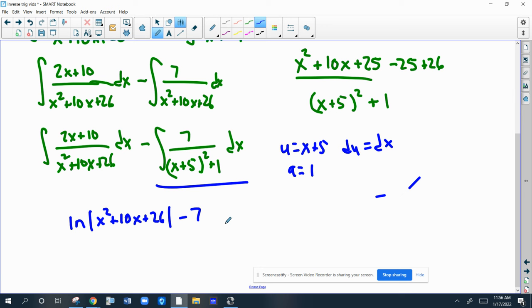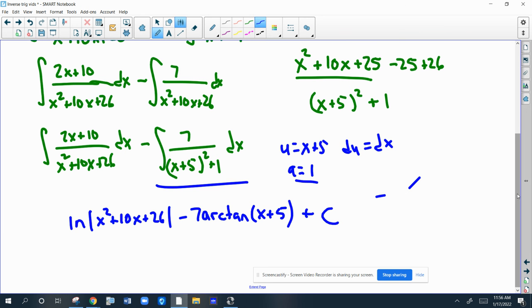So the formula for arctan is 1 over a, and a is 1, so that's 1, times the arctan of u over a. U is x plus 5, a is 1. So I think we are done. That's all there is. Oh, plus c. Don't forget that.